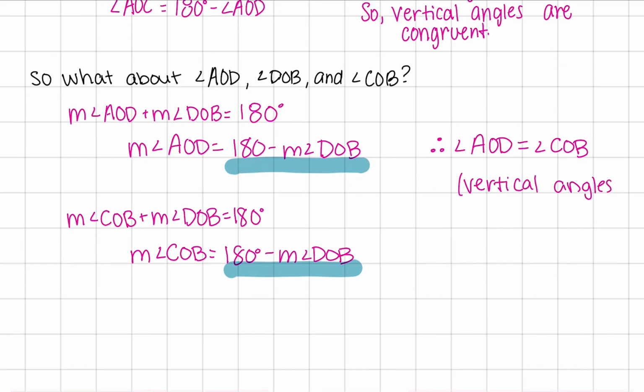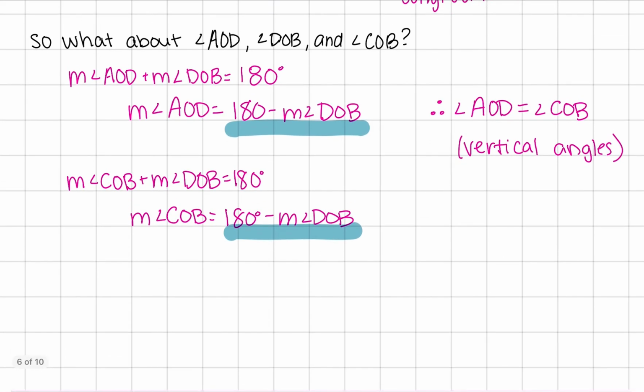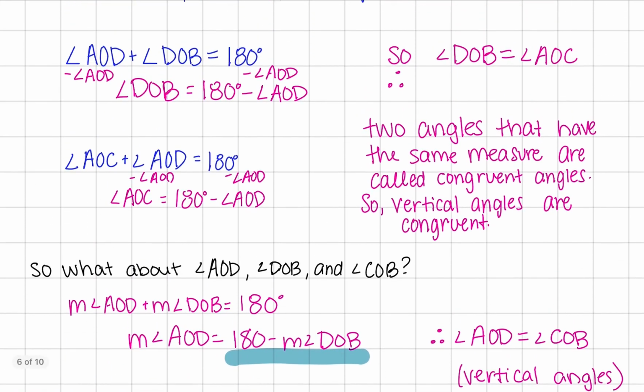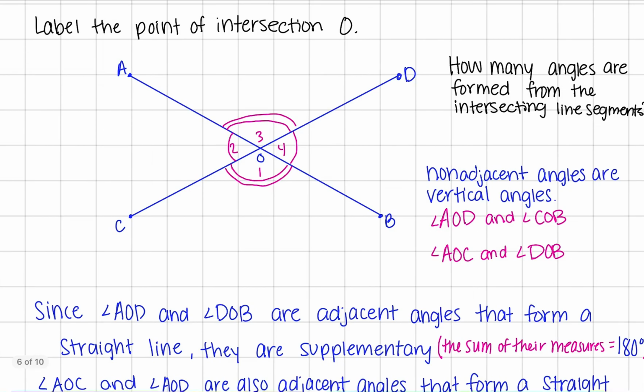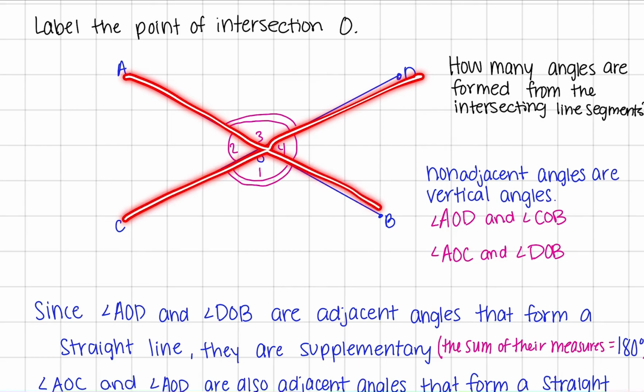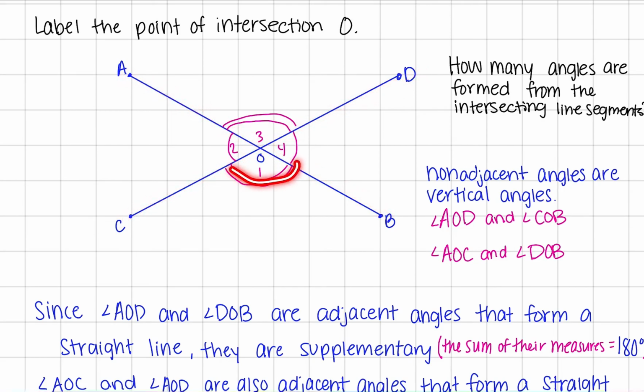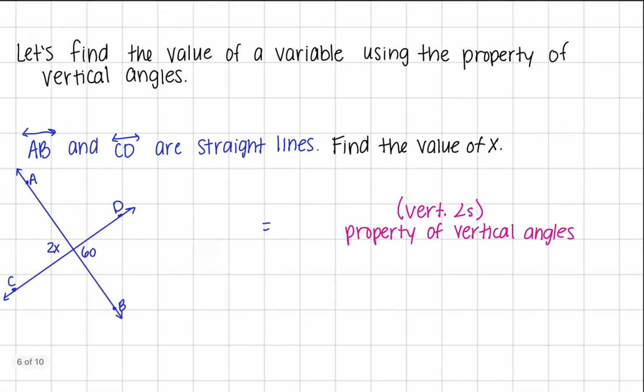We just proved vertical angles, okay? So, sorry about the confusion. Hopefully it's not there anymore. So you can see that AOD and COB have the same measure. Okay? All right, let's apply this.